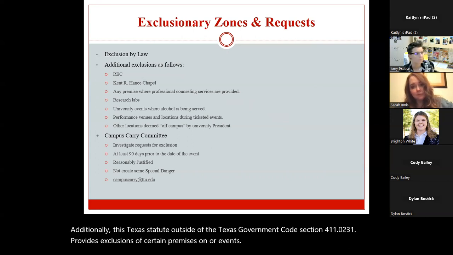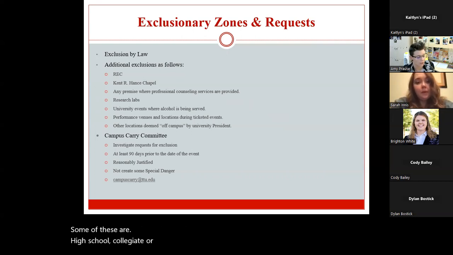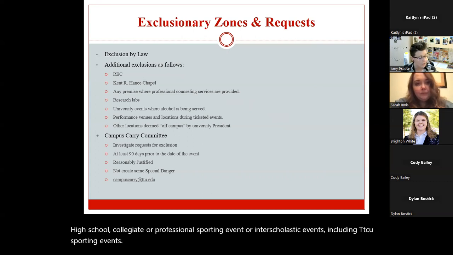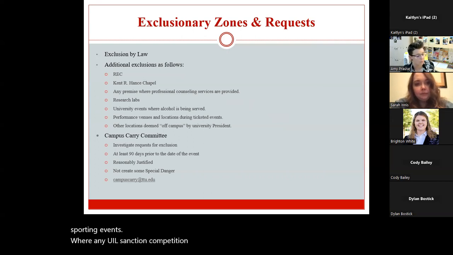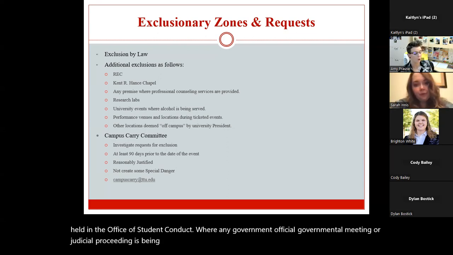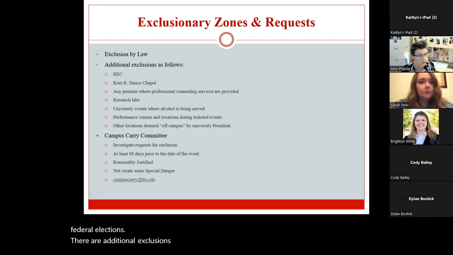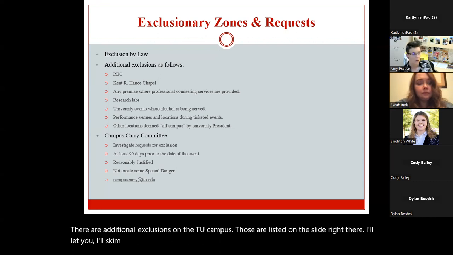Some of these are high school, collegiate, or professional sporting events or interscholastic events, including TTU sporting events, where any UIL sanctioned competition is being held, where any Board of Regents meeting is being held, in the Office of Student Conduct, where any official governmental meeting or judicial proceeding is being conducted, or where polling is being conducted for local, state, or federal elections. There are additional exclusions on the TTU campus. Those are listed on the slide right there. I'll let y'all skim over those.